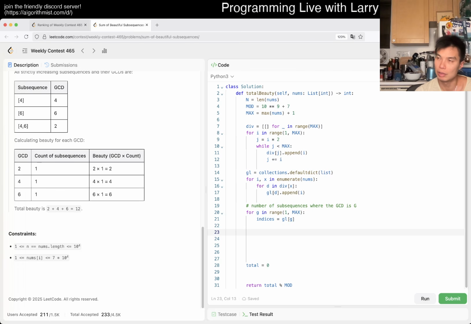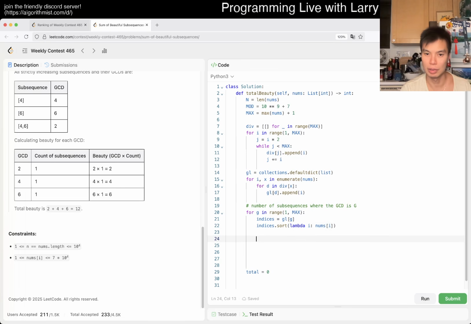We want to sort them by their value, which is nums of it. Okay, no, that makes sense. So now these indexes are sorted.